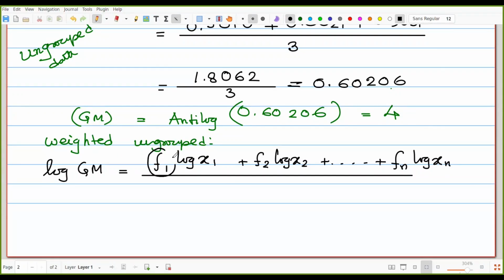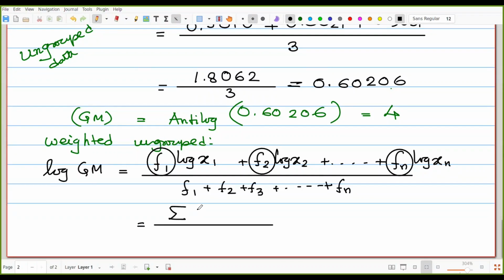Now total number of elements means, based on the frequencies, the total number of frequencies. So that is F1 plus F2 plus F3 up to plus Fn. So in that way we can write down the formula as summation of Fi with log of Xi divided by summation of Fi.